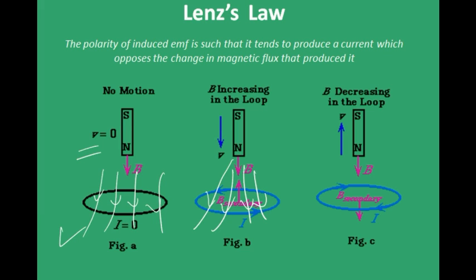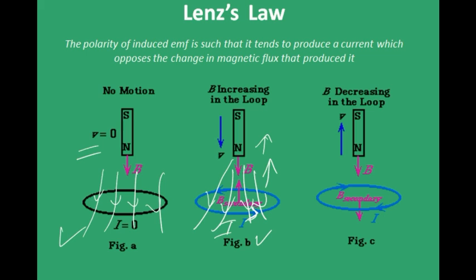So the induced current should decrease the magnetic field. The induced current should produce a magnetic field in this direction to oppose the change in magnetic flux. So what current can give a magnetic field in this direction? This one, right? So the induced current is in this way here.